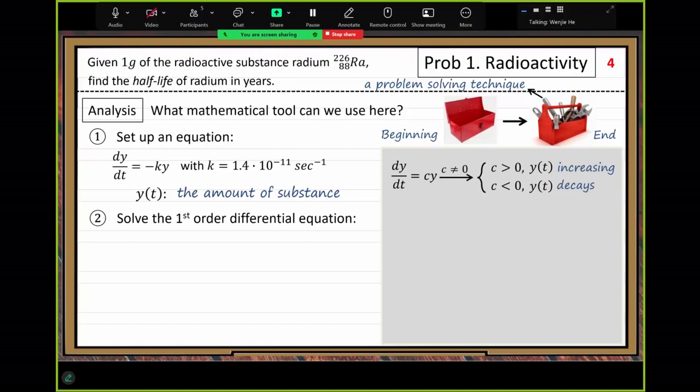So for the decay model, we consider negative C. When we have negative C, that's the differential equation representation for the decay model.